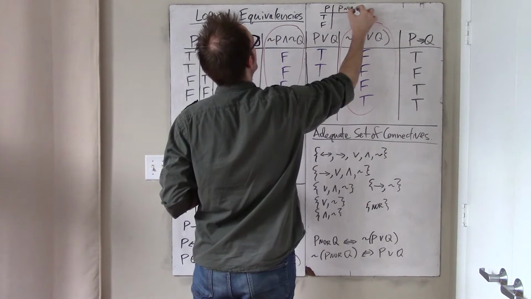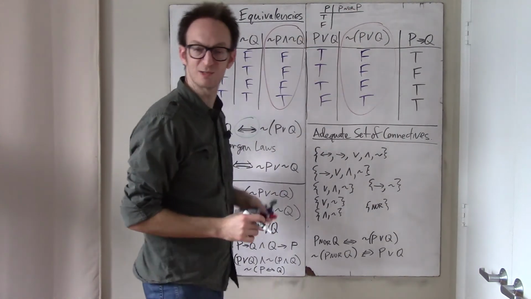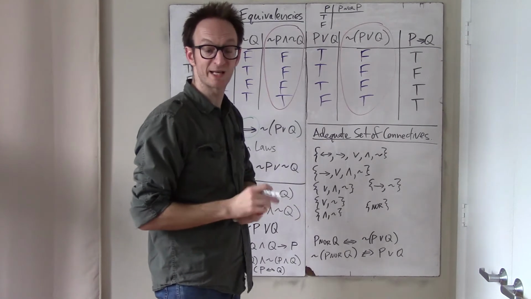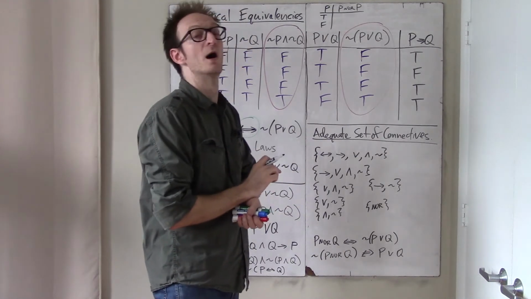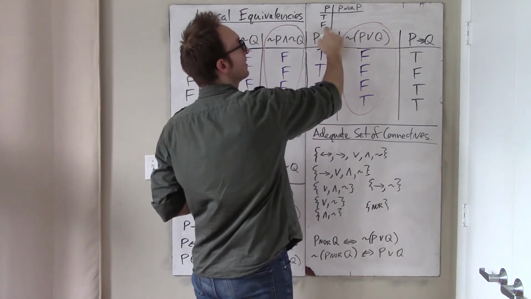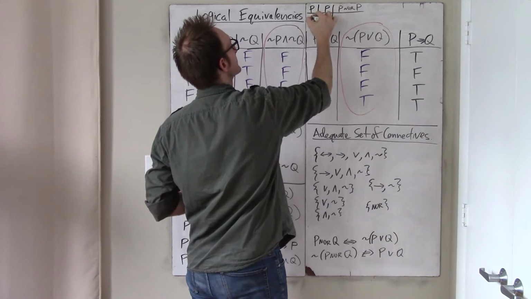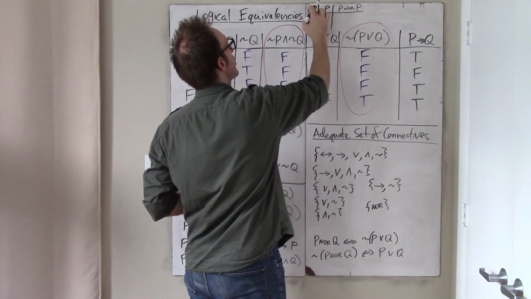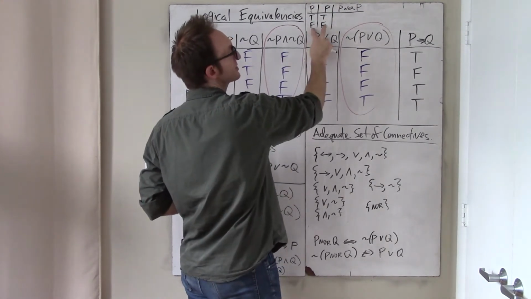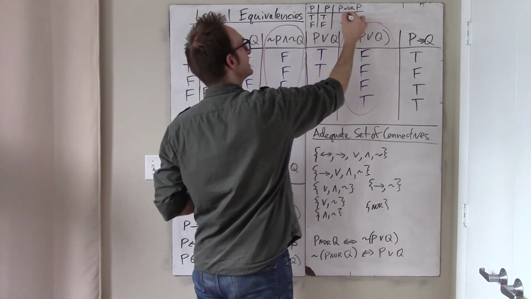So if you do P nor P, well, what do you get? The truth table for nor says that it's only true when they're both false. So here they're both false because you're noring p with itself. Some people might find this helpful. So false nor false is true, but true nor true is false.